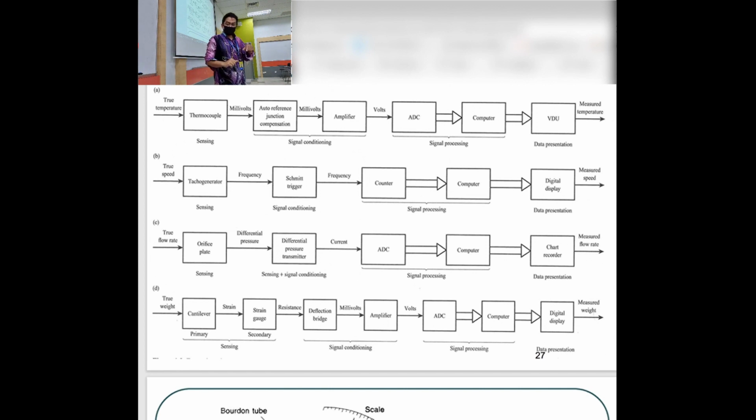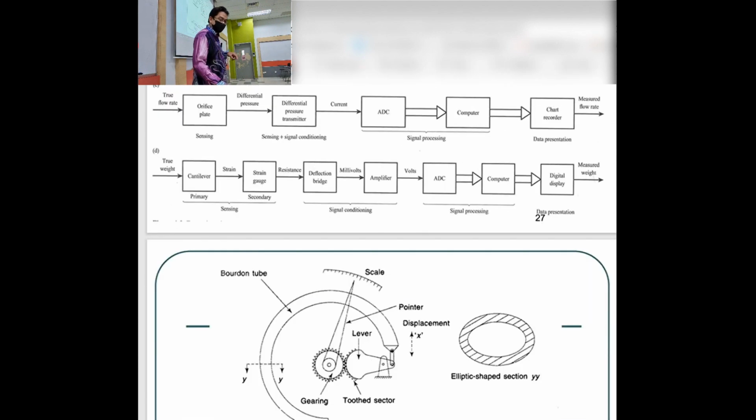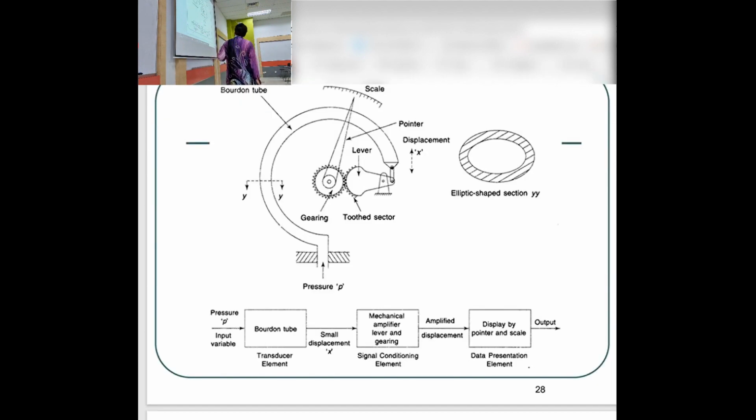If you look at the next one, you have an image over here. In detail, we can also find that they have the same elements: sensor, signal conditioning. For this one there's no computer involved, so only signal conditioning and then straight to the data presentation.